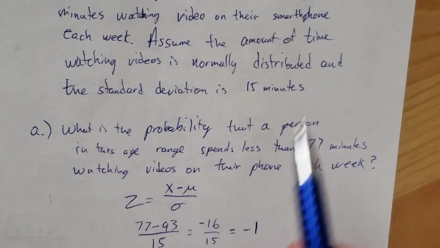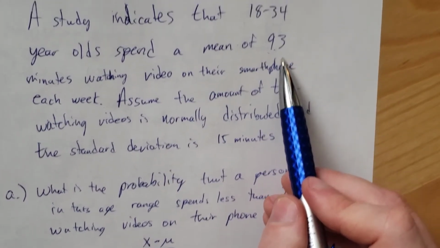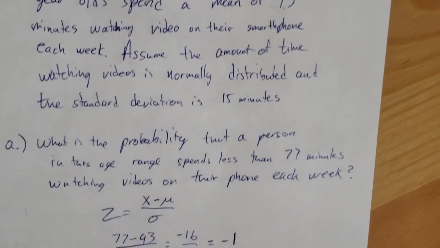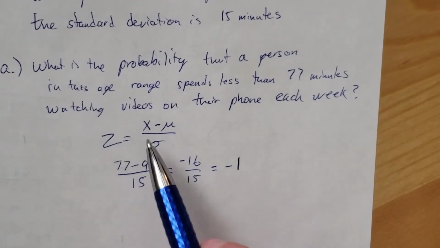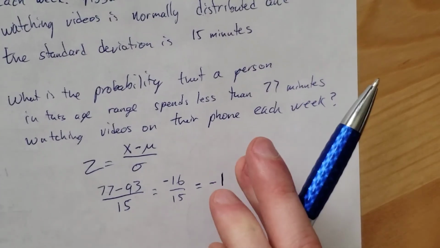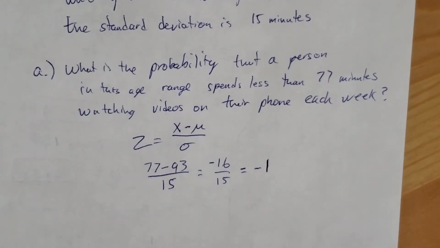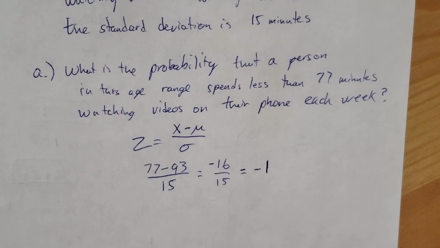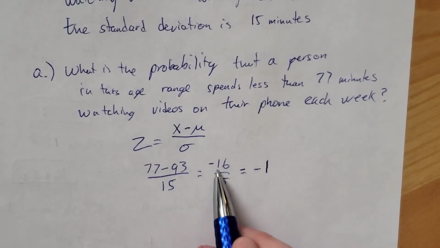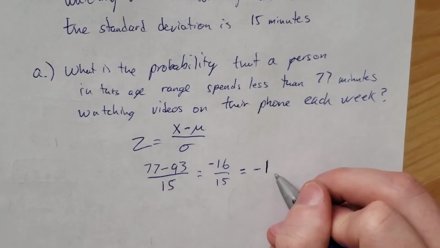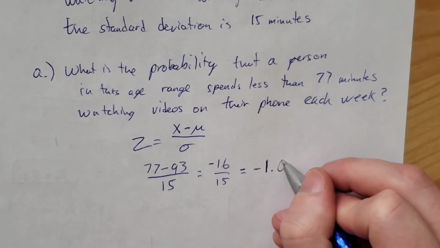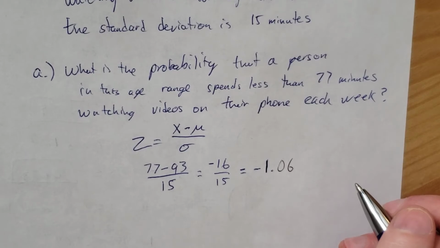The mean we were given in the problem, 93. And the standard deviation we were also told, which was 15 minutes. So if we plug all that in, we get 77 minus 93 over 15, or in other words, negative 16/15, which is negative 1.06 repeating.